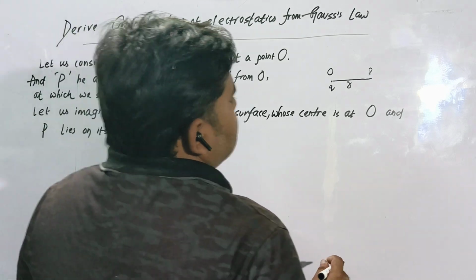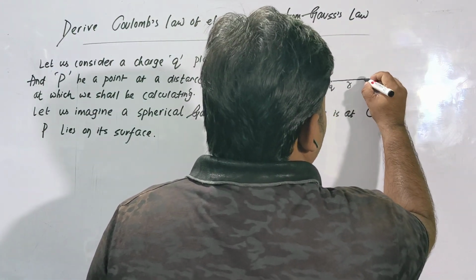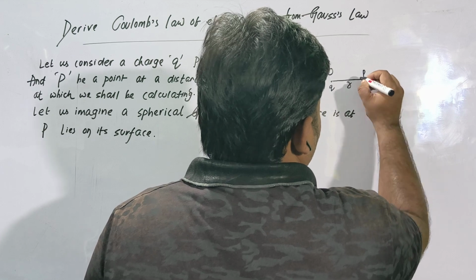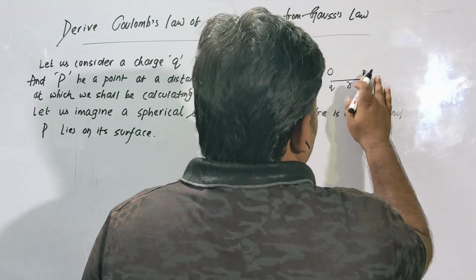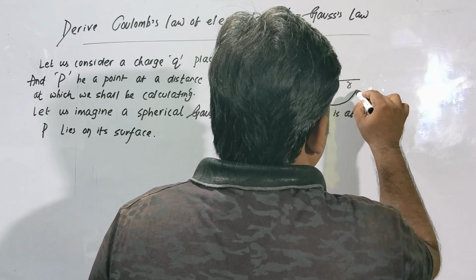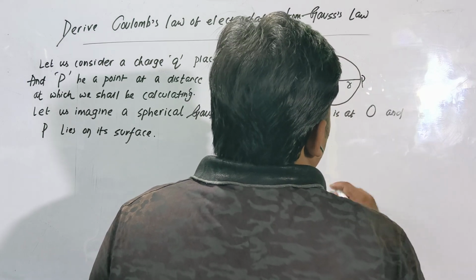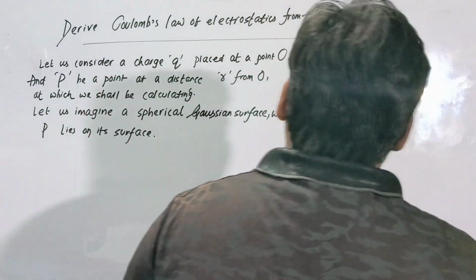Okay, so we need to make it a bit smaller, so that this is your P. This is your point P at which you want to calculate your electric field.